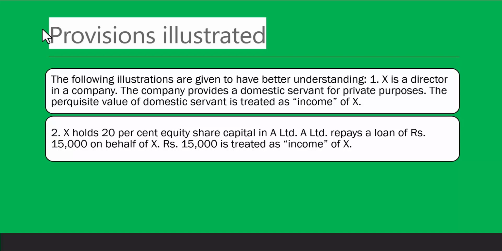A Limited repays the loan of rupees 15,000 on behalf of X. Rupees 15,000 is treated as income of X. Now suppose you are X and you hold 20% shares of A Limited. A Limited repays a loan of 15,000 on behalf of X. So that 15,000 will be treated as income of X because you have a substantial interest in that company, holding 20% or more of the share capital.